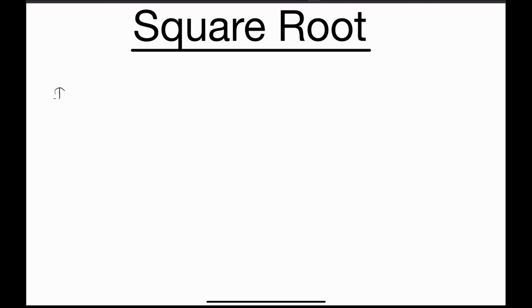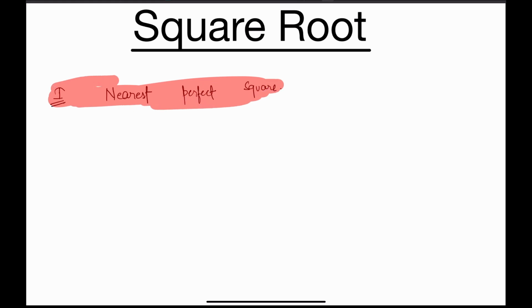First will be again the nearest perfect square. Okay, so this is always there, and the second one will be not any different. Second one will be decimal.